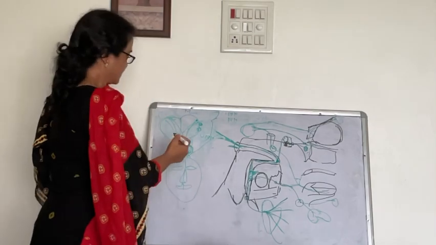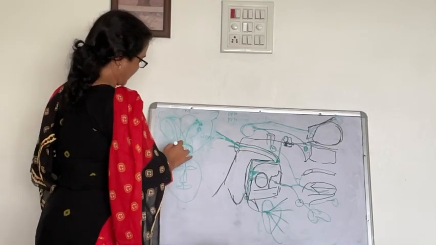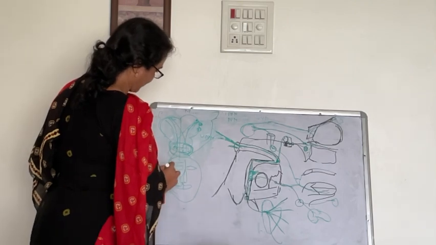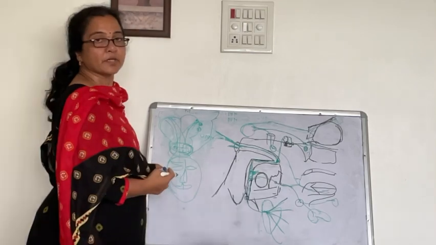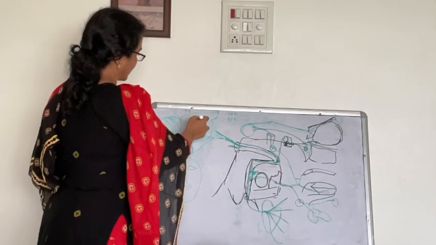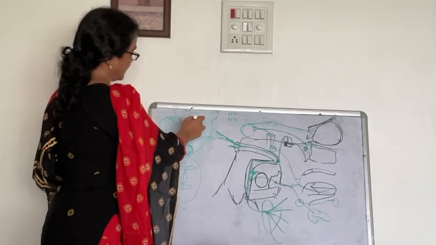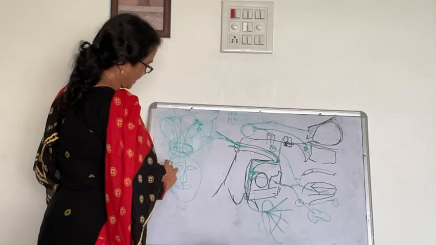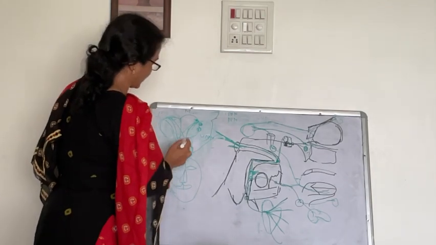The ipsilateral facial nerve nuclei supply both the upper part as well as the lower part of the face, but the control from the corticonuclear fibers is bilateral in the lower part only, while the upper part has contralateral control.